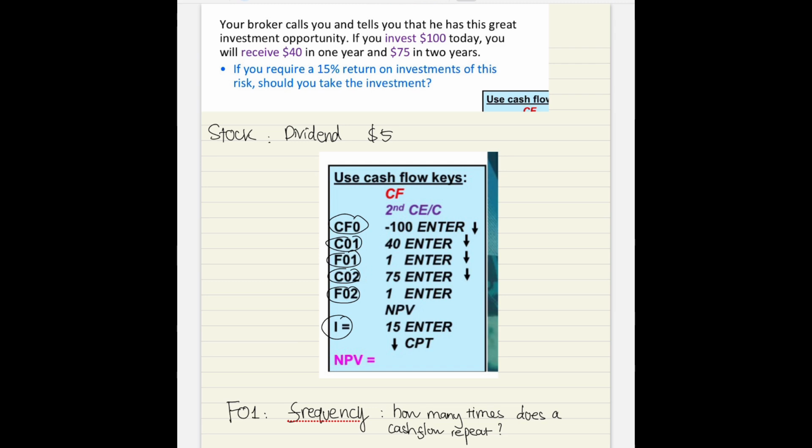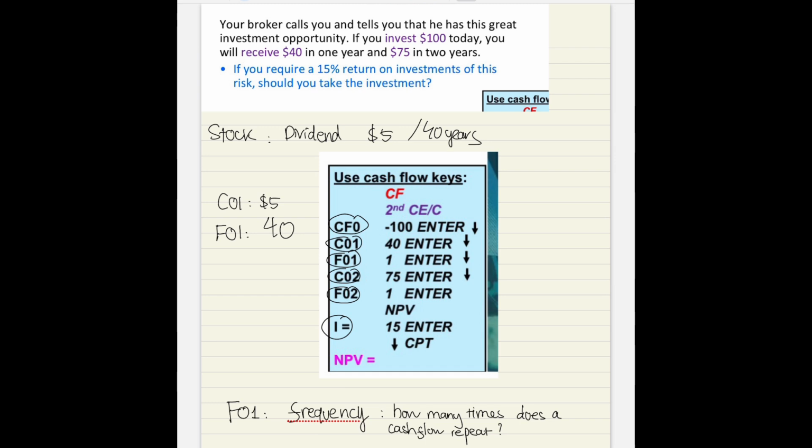So if the cash flow is $5, the frequency is, let's say you keep the stock for 40 years, 40, because you keep receiving the same amount of money for 40 years in a row.